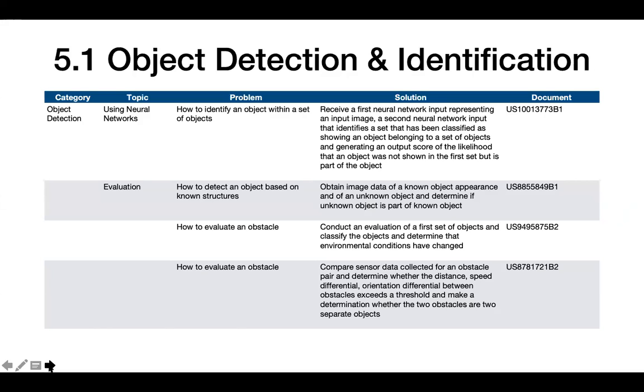That would be good to know. And the last one here, compare sensor data collected from an obstacle pair and determine whether the distance speed differential, the orientation differential between the obstacles exceeds a threshold and makes a determination of whether the two obstacles are actually two separate objects.